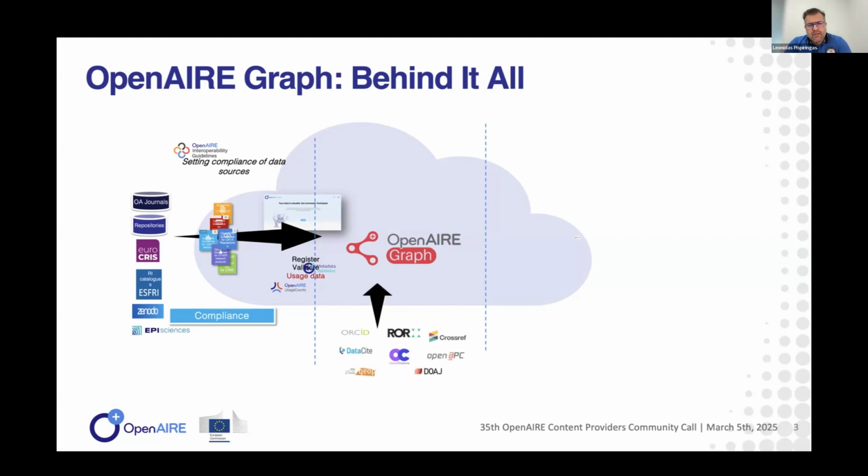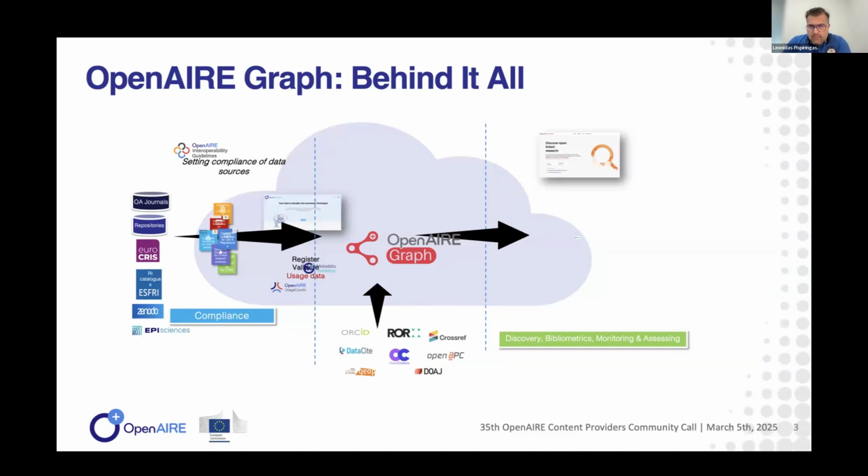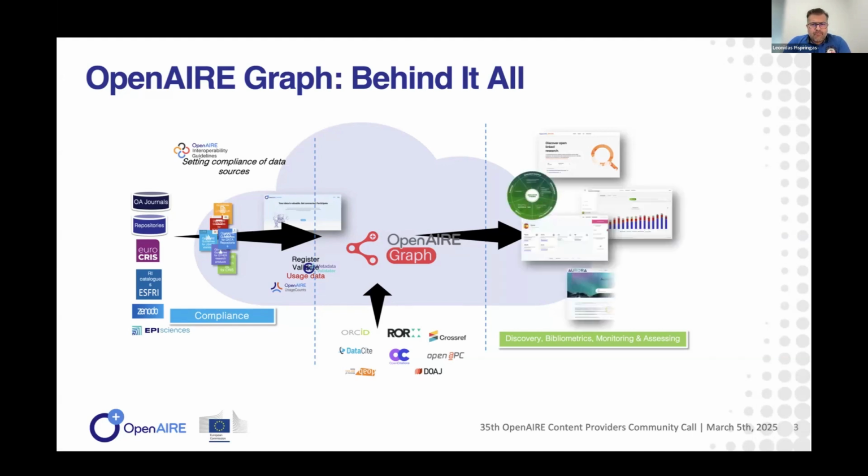And from the data that we have, also from the authoritative data sources, in the OpenAIRE graph we provide a comprehensive dataset that can be used for many services. Of course, we use it for the services that we provide in OpenAIRE, but you can also use the OpenAIRE graph via its APIs or via the dump that we offer, also for the benefit of your services.